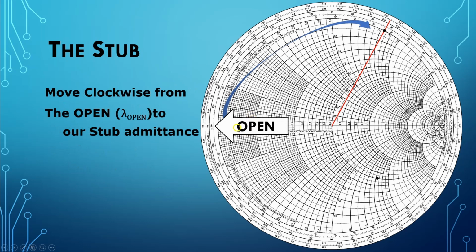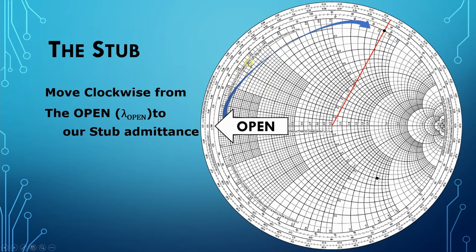Now we have to move clockwise from the open, because remember we have an open stub here, and according to what you learned in the video on the Smith chart tour, the open for admittances is over here on the far left-hand side of the Smith chart. And so we are moving from the end of that stub clockwise around, because we're moving toward the admittance that we want, which is closer to the generator.